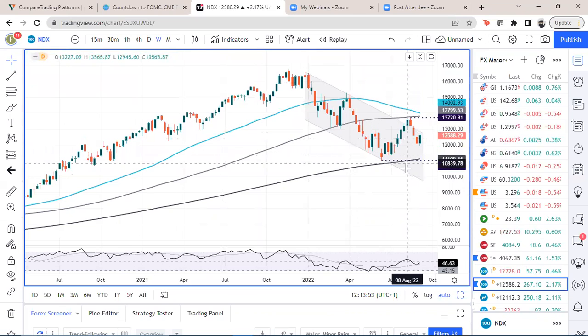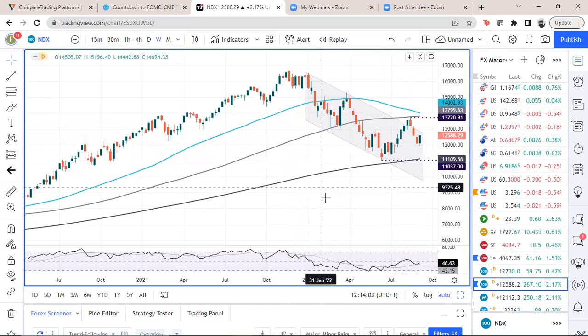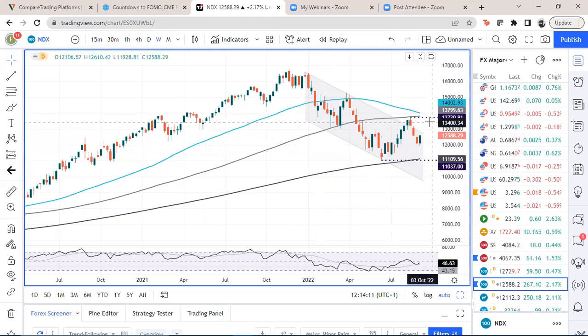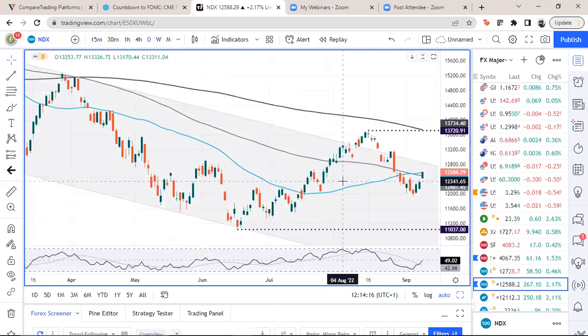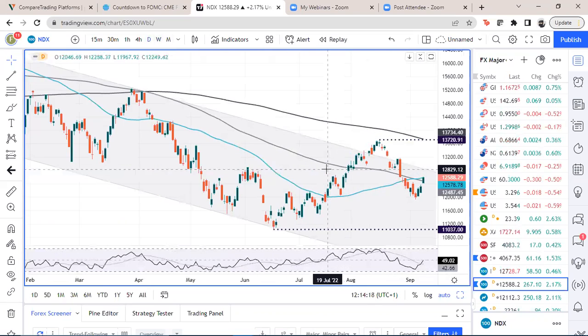We're trapped potentially between the black line, the 200-week moving average, offering support there, and the top side, the 100-week moving average. So the 200-week is around 11,100, just above, and the 100-week moving average around 13,800 there on the weekly. That's the NASDAQ 100, not the composite.